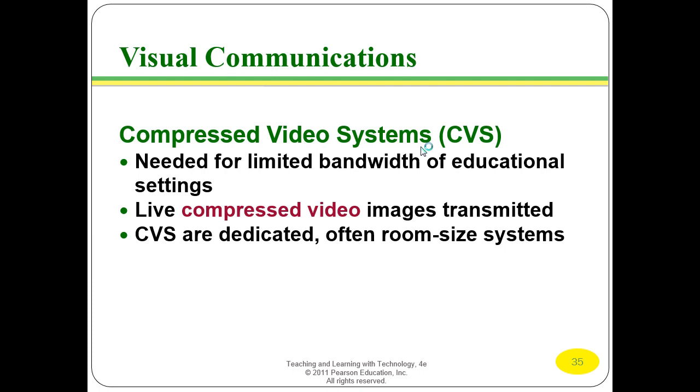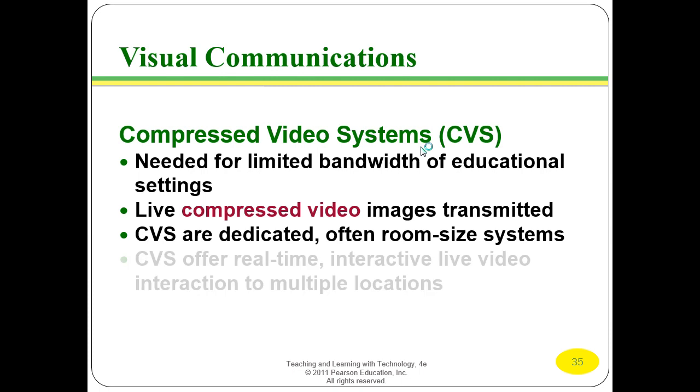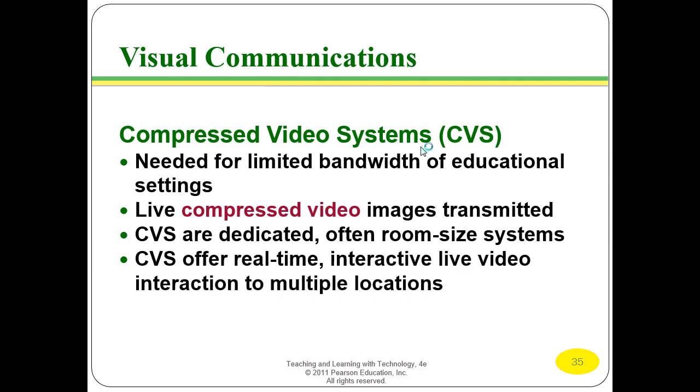You can transmit live compressed video images. Compressed video systems are usually dedicated and often room-sized systems. But what they'll do for you is to offer real-time interactive live video interaction to multiple locations.